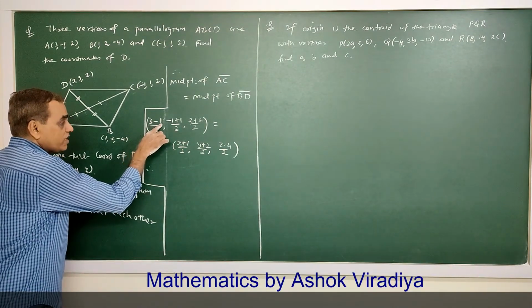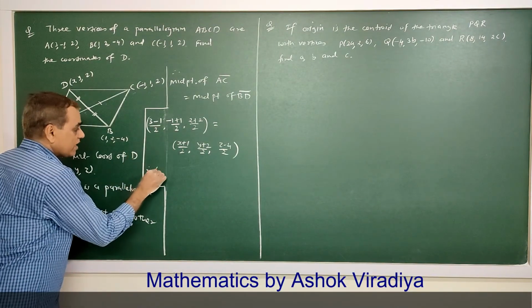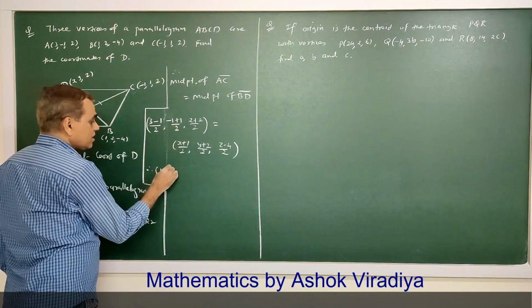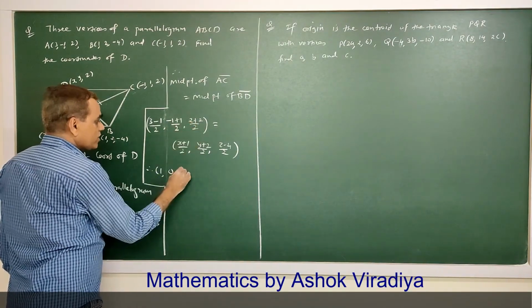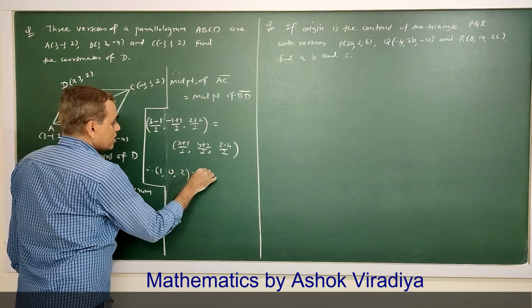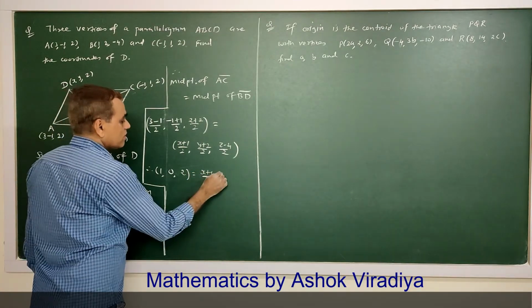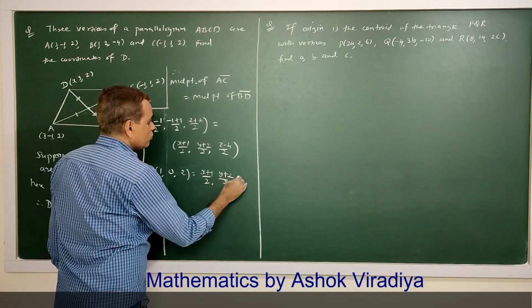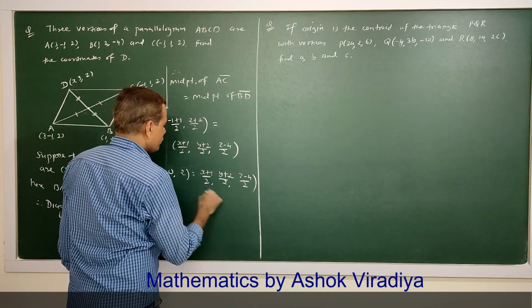So we are using here midpoint formula. So 3 minus 1 is 2, 2 by 2 is 1. This is 0. 4 by 2 is 2, equal to x plus 1 by 2, y plus 2 by 2, z minus 4 by 2.